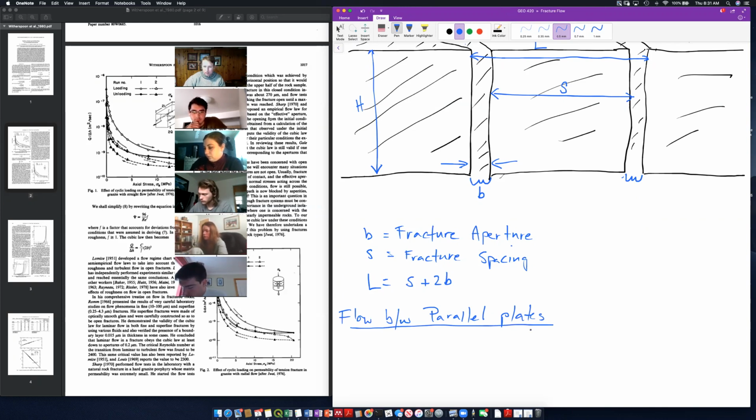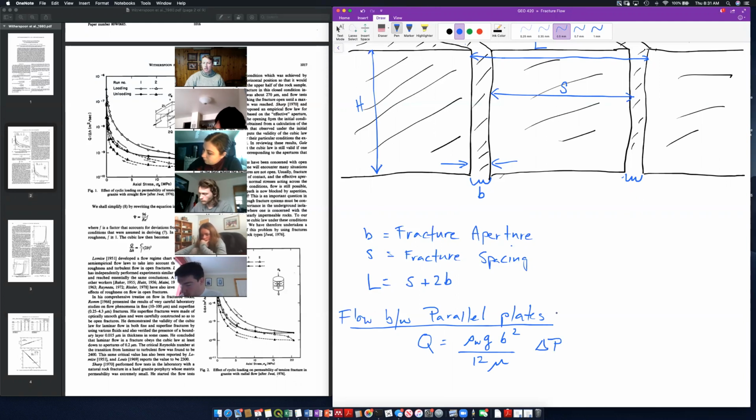And it says that the discharge, Q, is equal to rho water g B squared over 12 mu, where mu is the viscosity of water, times delta P, the change in pressure.